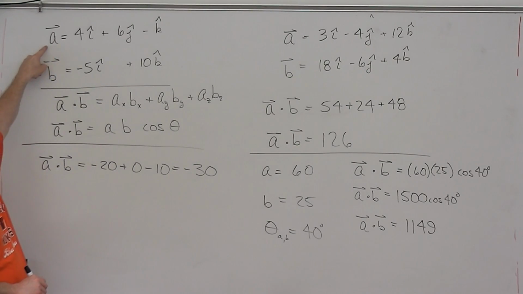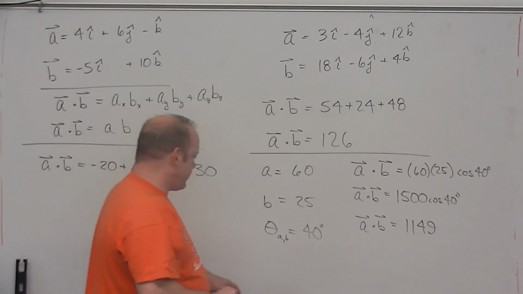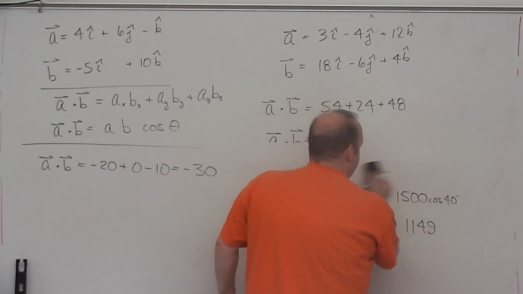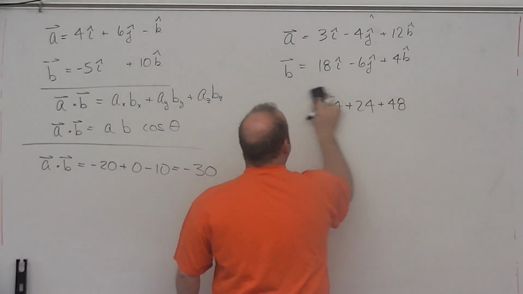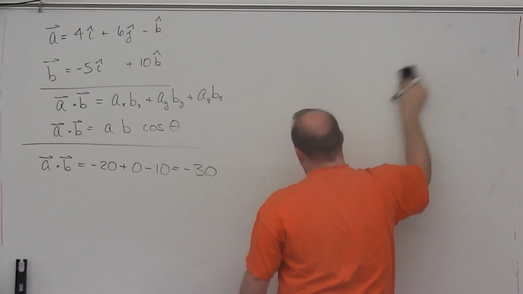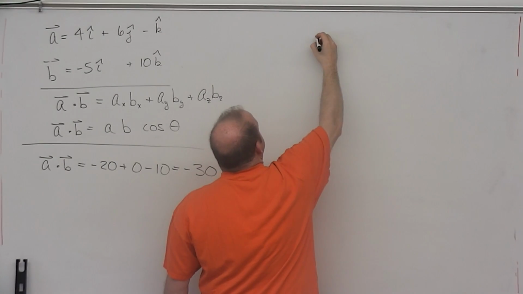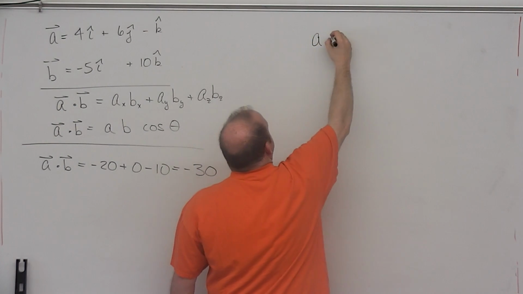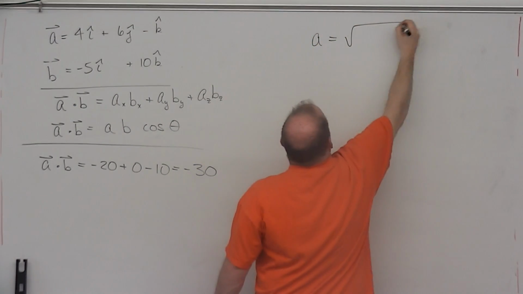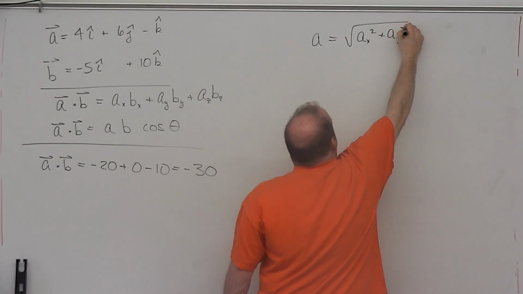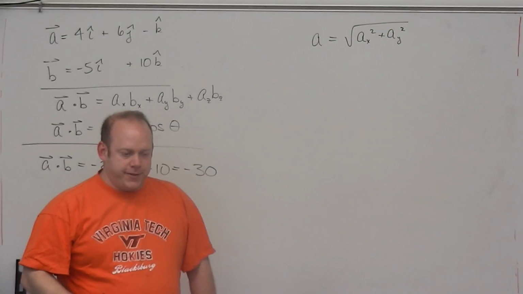I have to figure out what the magnitude of A is. Now, we haven't done this yet. Think about how I figured out the magnitude of a two-dimensional vector. The magnitude of a two-dimensional vector was the square root of ax squared plus ay squared. It's just a two-dimensional Pythagorean theorem.